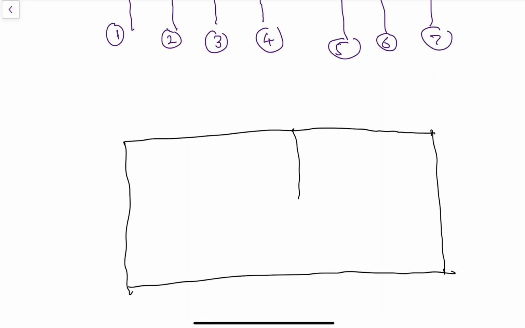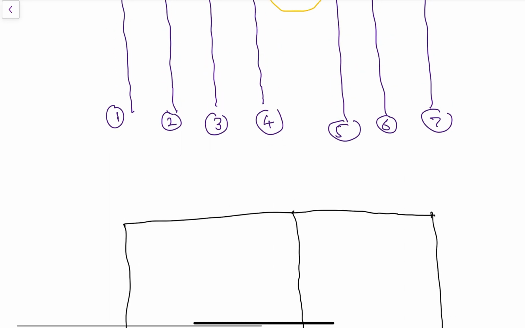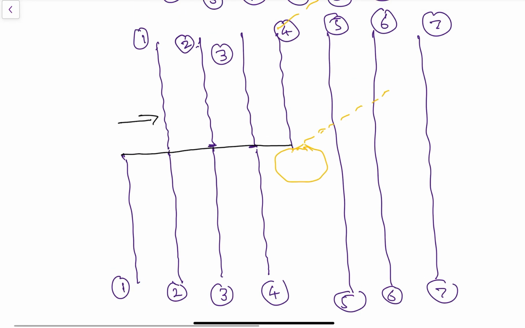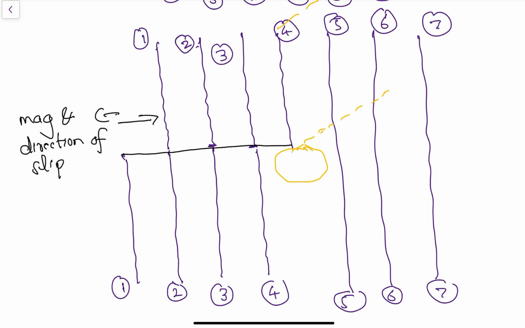So that means there is a line here, and you can see that here the slip is the shifting of the planes towards the right. So this gives you the magnitude and direction of slip, the magnitude and direction of slip.